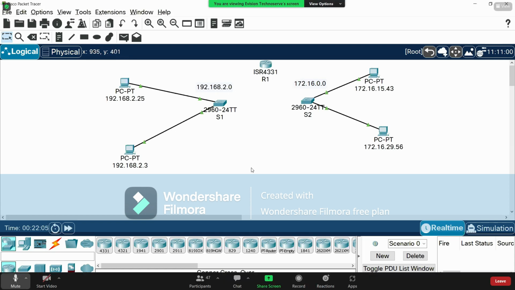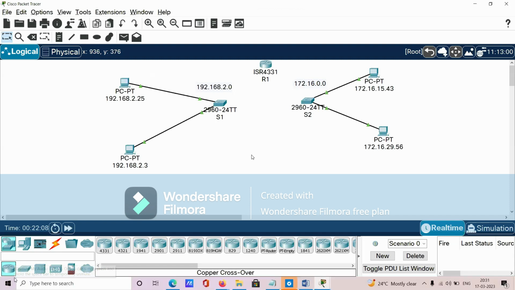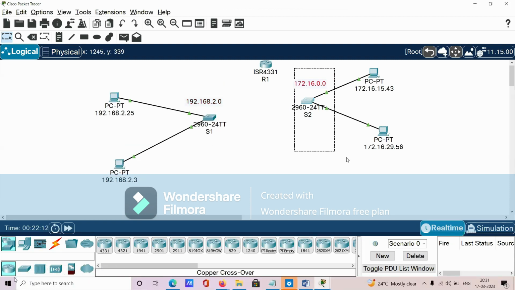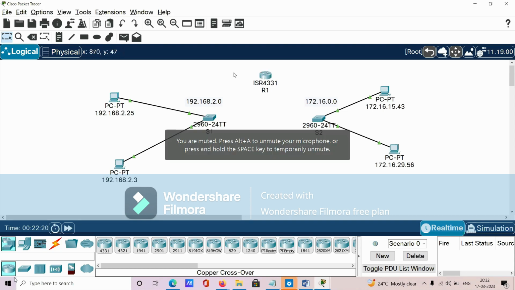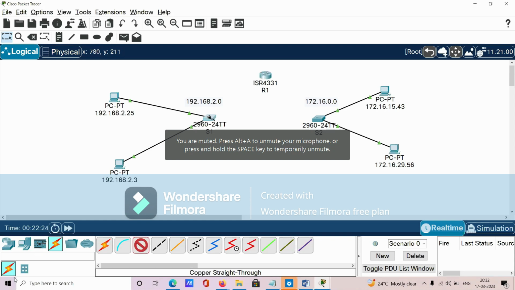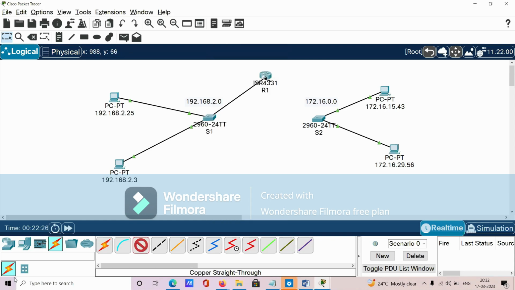And the moment I introduce this device, the entire concept of networking is going to change now. Did you understand? It is the device that is responsible for connecting two different networks.